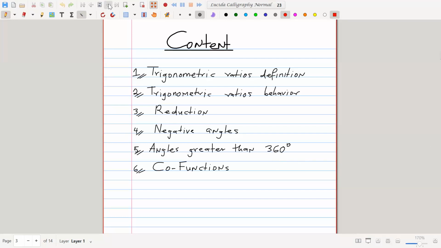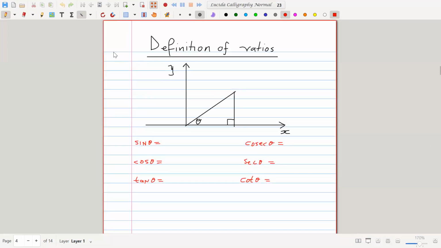So for definitions, you might have seen these ratios before. We've got 3 of them, and they are reciprocals, of course. But how do you actually define them? Let's look at how you define them in a Cartesian plane. This is an XY Cartesian plane.